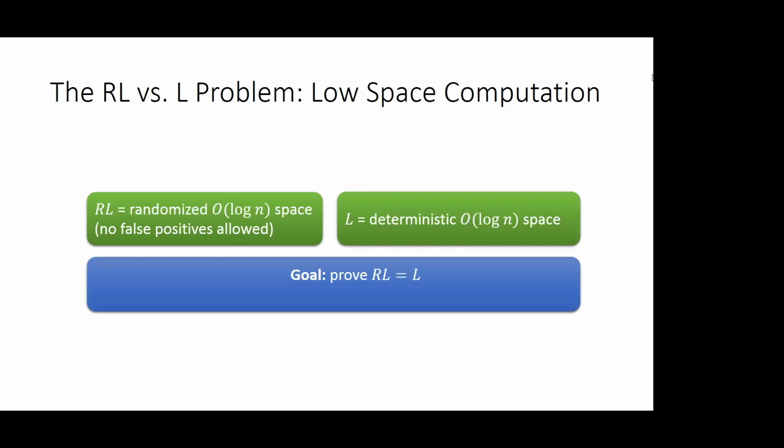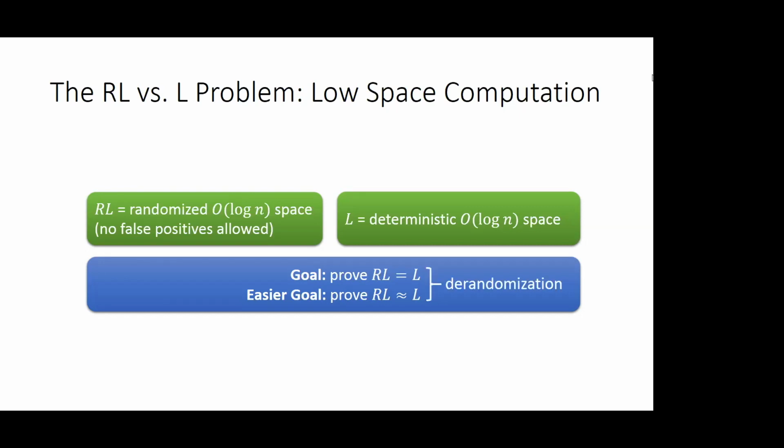A natural question in complexity theory is whether RL and L are in fact equal or different, so whether these random bits actually help you compute more problems than you could otherwise in logarithmic space. An easier goal is, instead of proving RL and L are exactly equal, to try to prove that they're approximately equal up to sub-logarithmic factors, and even that's not known. The best that's known is that they're equivalent up to a factor of square root log n.